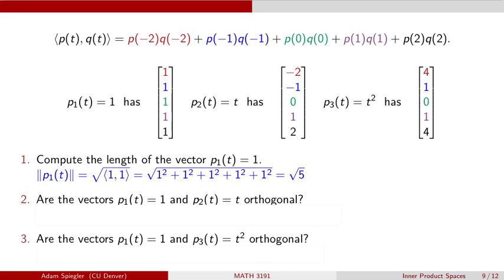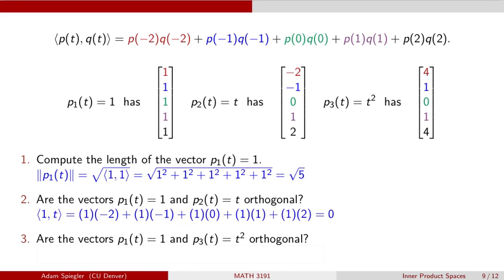So let's take a look at what we get when we calculate the inner product of the vector 1 with the vector t. Here we've evaluated the first polynomial at all 5 of these values, and we've evaluated the polynomial p2 of t equals t at all 5 of those values. Now this inner product says, let's take the usual dot product of these two vectors.